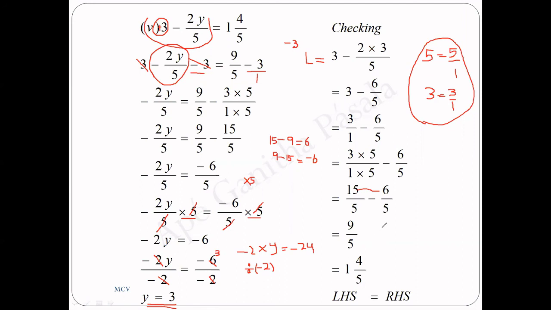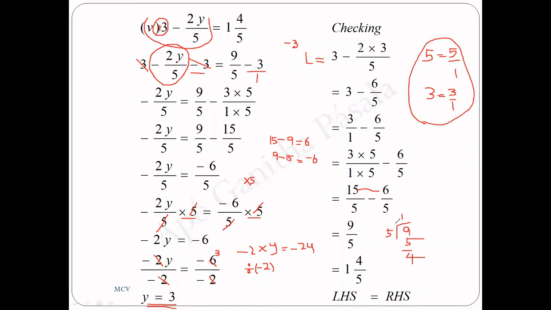Now you have to convert this into a mixed number. 9 over 5, how to convert that into a mixed number? 5 into 1 is 5. 9 minus 5 is 4.